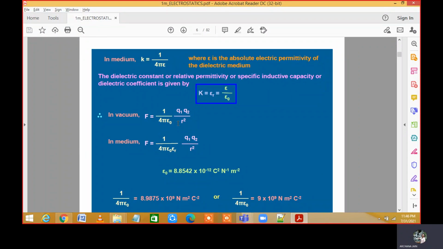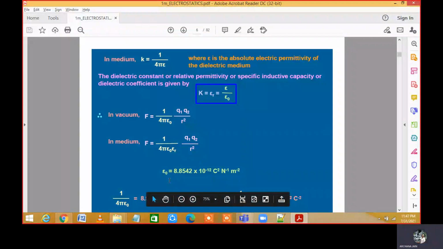In place of epsilon naught, we have to write epsilon, the permittivity of that medium, or we can write according to this formula, epsilon r is equal to epsilon upon epsilon naught, then epsilon is equal to epsilon naught into epsilon r. That's why we have written here epsilon naught into epsilon r. Means for vacuum it is epsilon naught, and for any other medium it is epsilon, and the value of the epsilon is epsilon naught into epsilon r, and Q1 Q2 over R square.